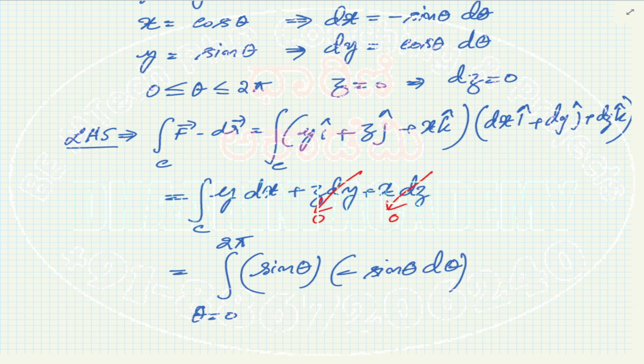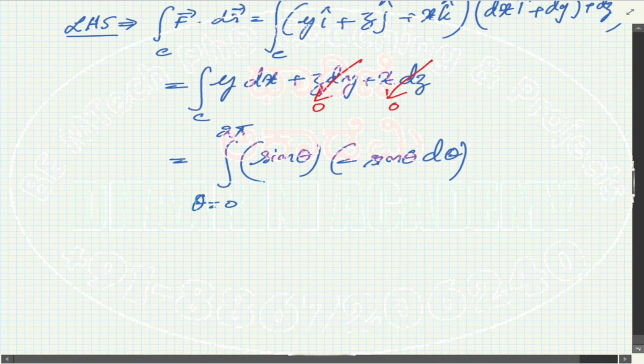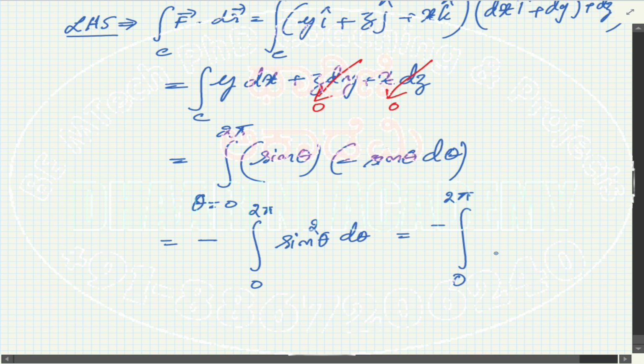So this is equal to minus integral 0 to 2 pi sine square theta d theta. From the basics we know that this integration has to be performed using a trigonometric identity.